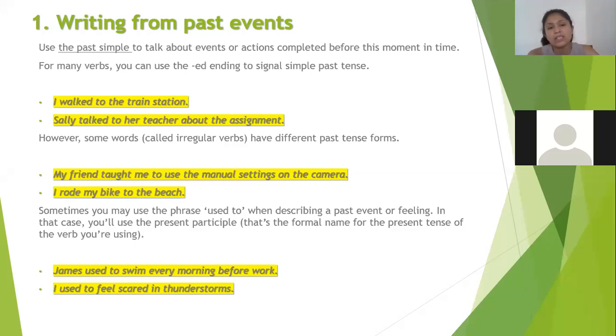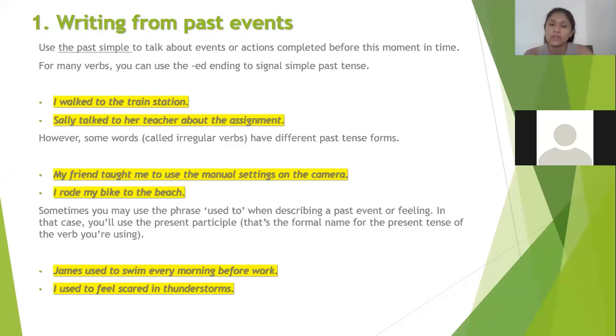Sometimes you may use the phrase used to when describing a past event or feeling. In that case, you'll use the present participle. So the used to, it's also an expression that helps me to talk about a situation that is not happening anymore, that it's concluded.